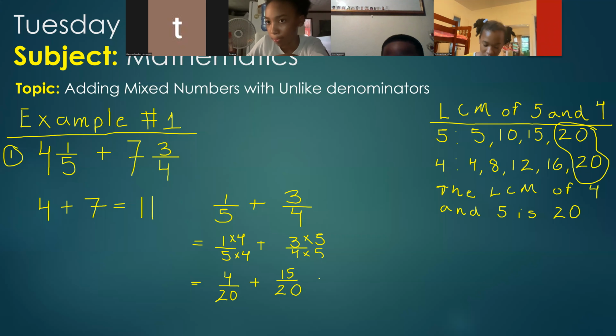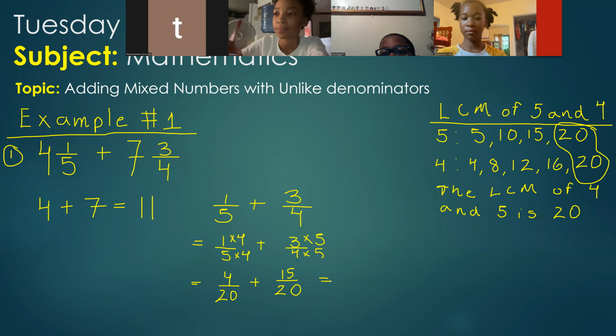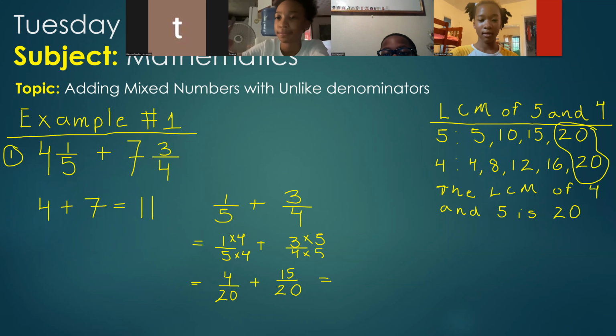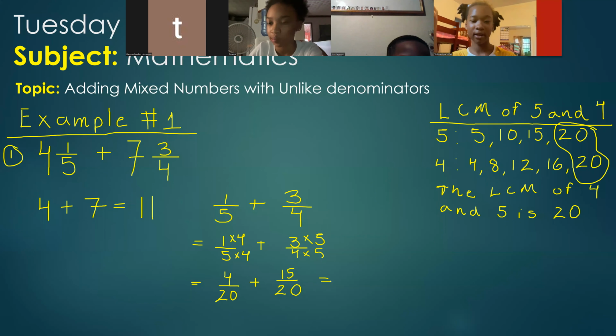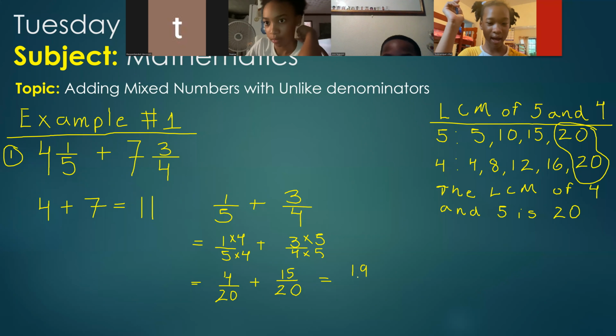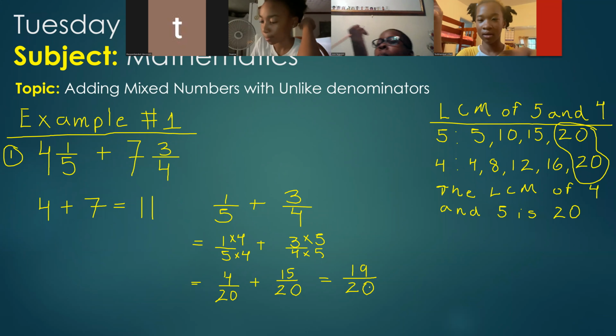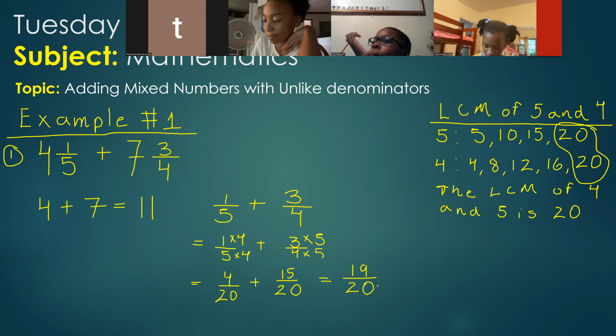Now, Tedranic, what are we going to do? Now we're gonna add them all together. Okay, so tell me, what do we do? 15 plus 4 is 19. Very good. And we don't change the denominator, so it's gonna be 20.